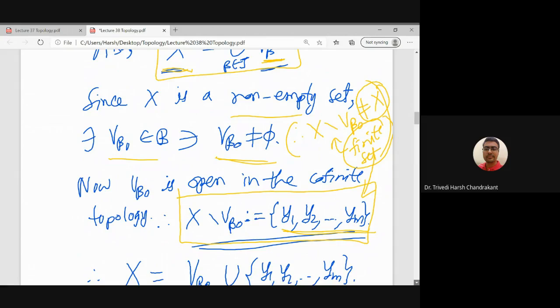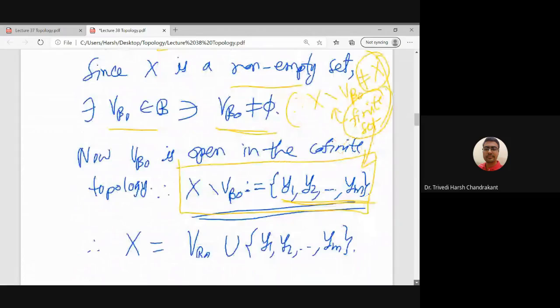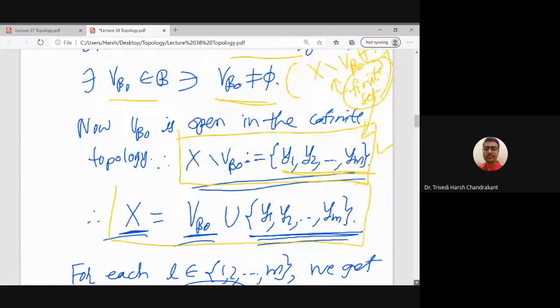So what this gives is that X is a union of V beta naught with these particular elements which are not in V beta naught. Now the same trick of case 1 we will use here, because we have finitely many points y1, y2, ym, which one by one we can choose from the open sets.